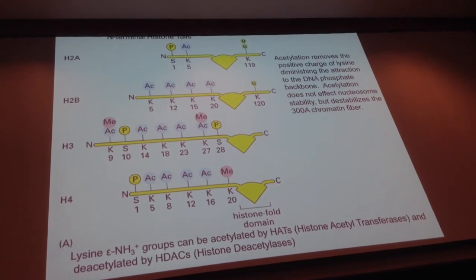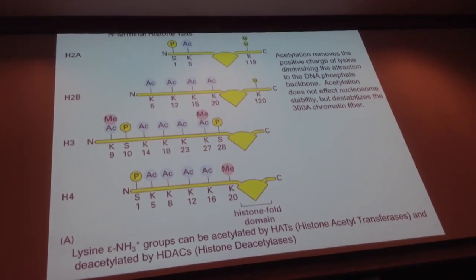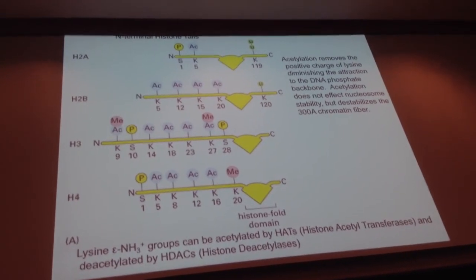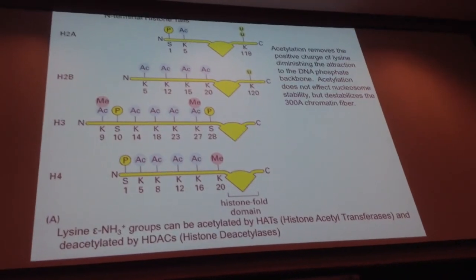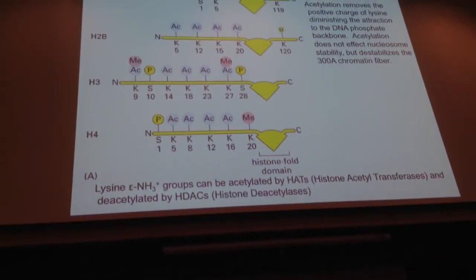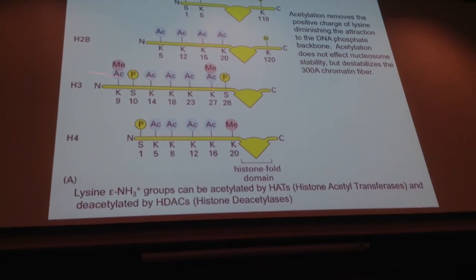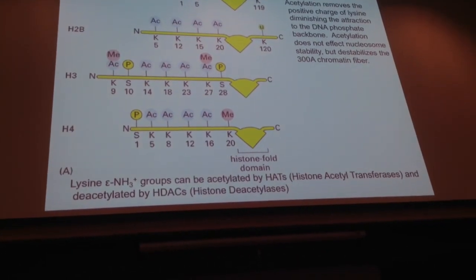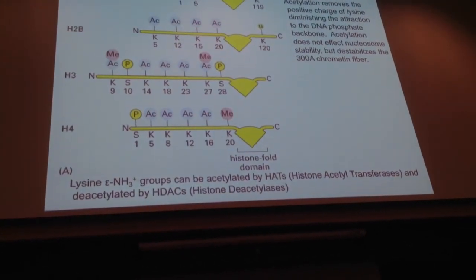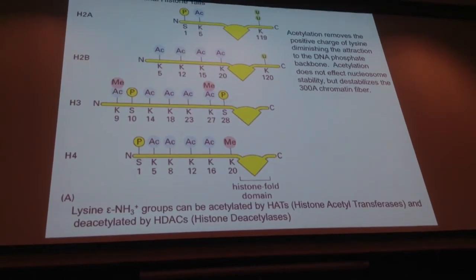So cells can inherit characteristics which are not directly represented in nucleotide base sequences. And they're able to do that because some of these modifications can be passed on from cell generation to cell generation. In particular, you've heard about methylation.